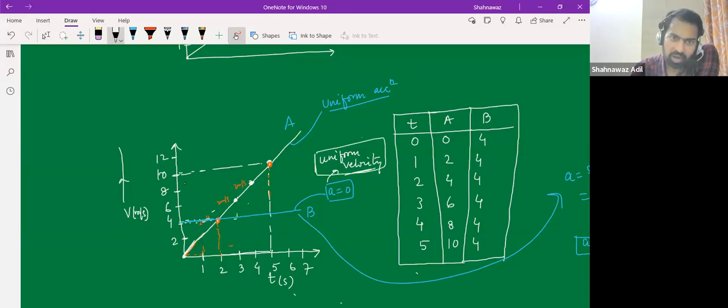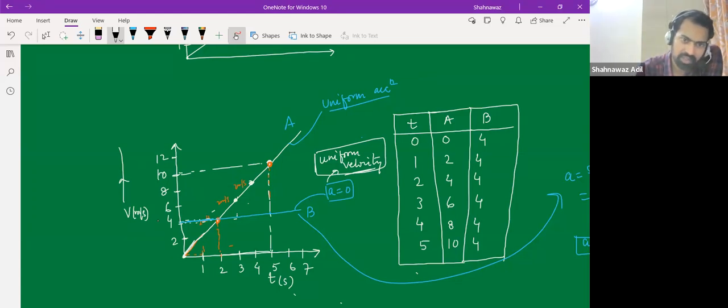Now, in this graph, if I ask you who has the larger initial speed, A or B? Yes, Rishita, you tell me. Sir, B. B, right?